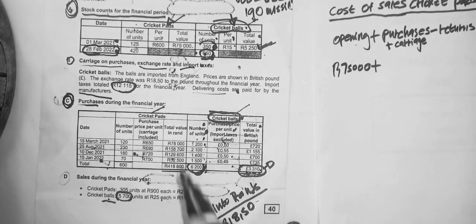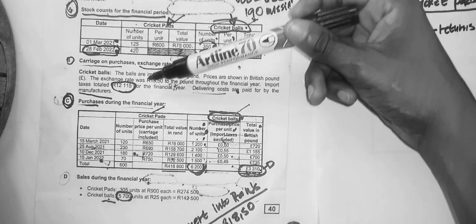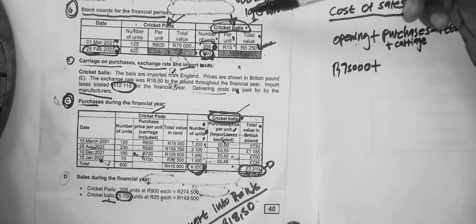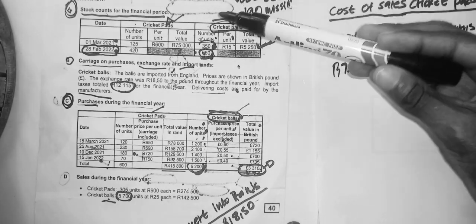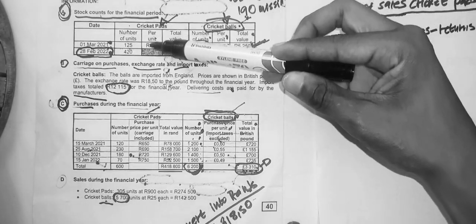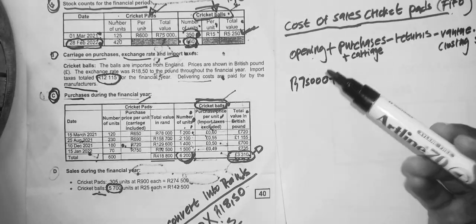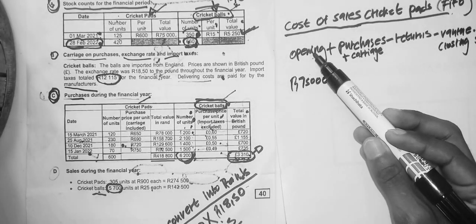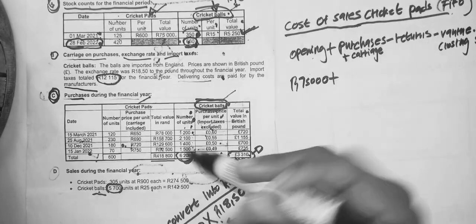Let's check our opening for cricket pets. So as you can see, guys, this information here is for cricket pets, and on the other side is for cricket balls. So we are going to be focusing only on cricket pets. All right, so the formula says opening, which means we want the opening balance at the beginning of the year for cricket pets. So let's check it.